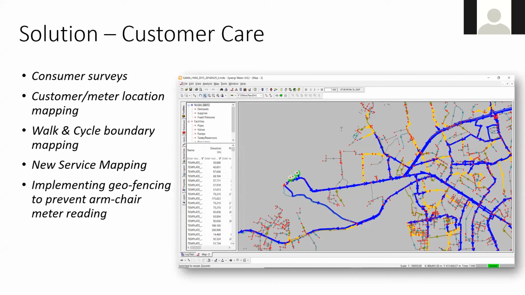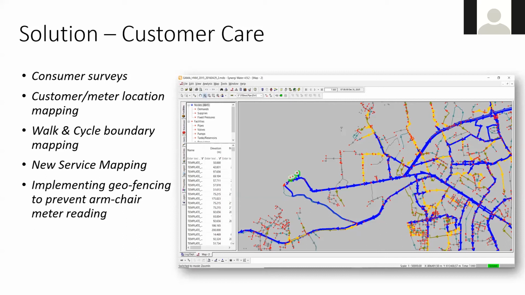Based on that information, we now have the location of our customers. It's a lot easier to provide information on GIS equipment to meter readers. So you don't have to keep one meter reader at a location for a very long time. When you bring in a new person, he has the benefit of these locations in our system to trace and go to the customer location to read their meter.